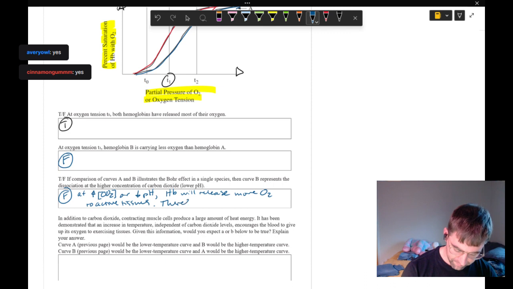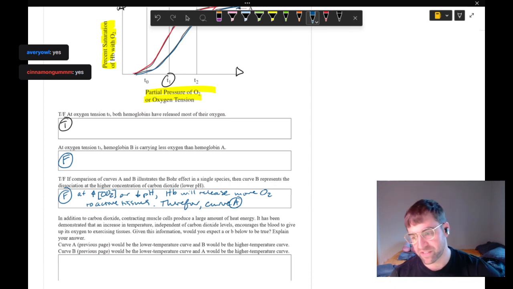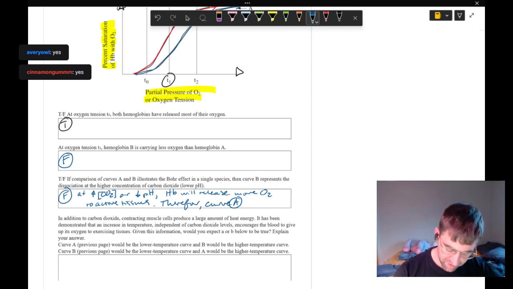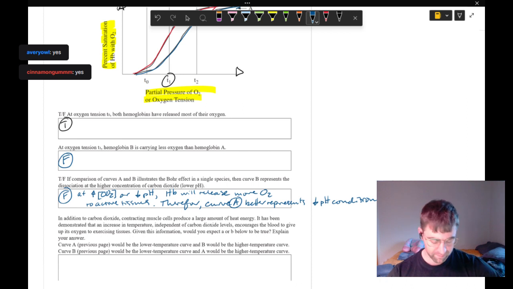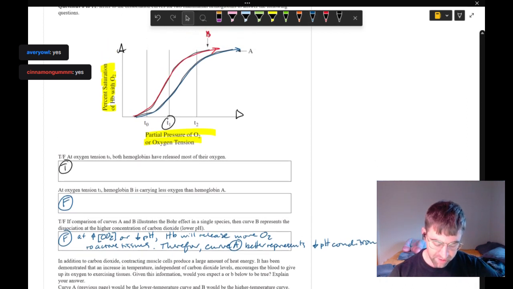Therefore, curve A is a better representation of what happens at low pH. Curve A better represents low pH conditions.